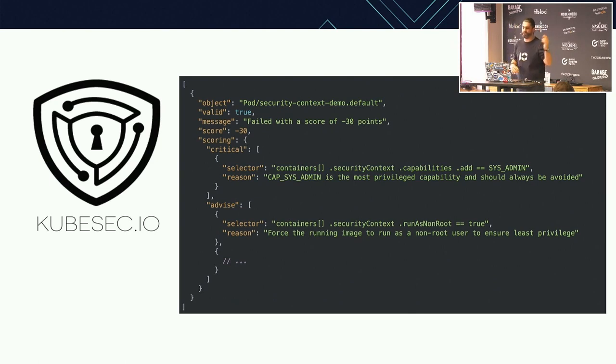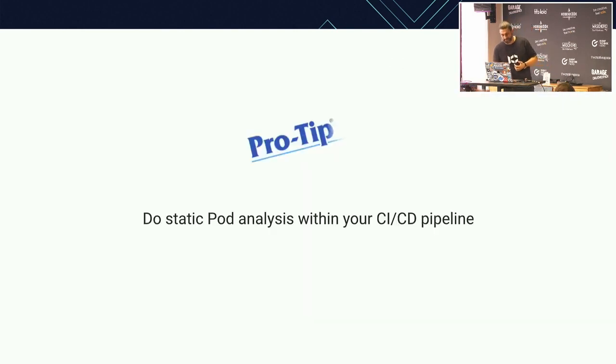For example, here it says that there is the sysadmin capability in this pod, or it is running as root, etc. If you run this type of check within your CI/CD pipeline, I think it's a good practice, especially if your teams are sending the manifests, let's say to do some GitOps.